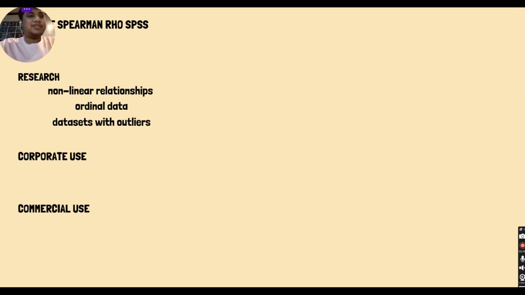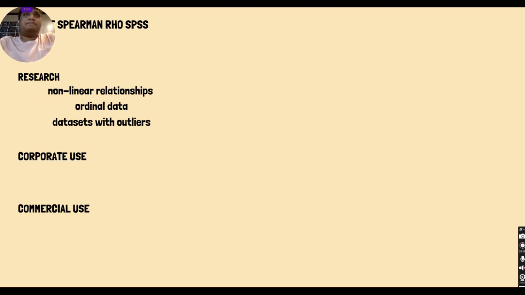Yes, that also counts. That is a very acceptable way of using the Spearman-rho for SPSS, or just Spearman-rho in general, rather. And of course, for commercial use, or we could put it in personal use as well.